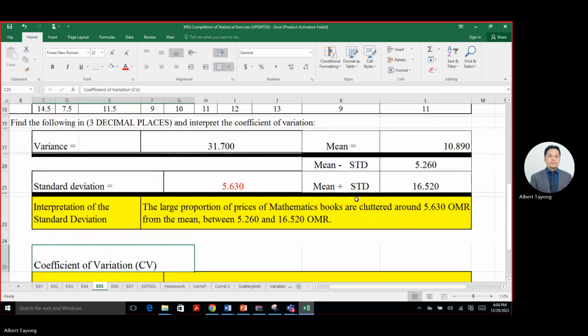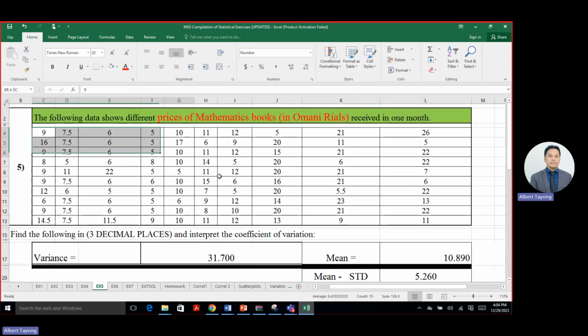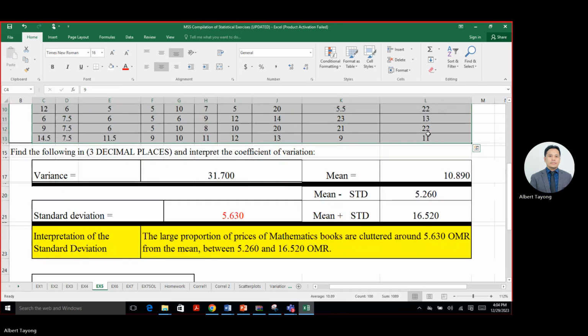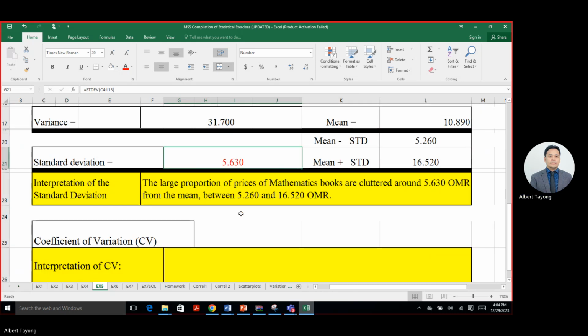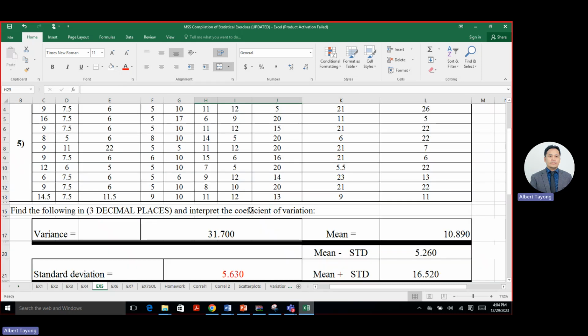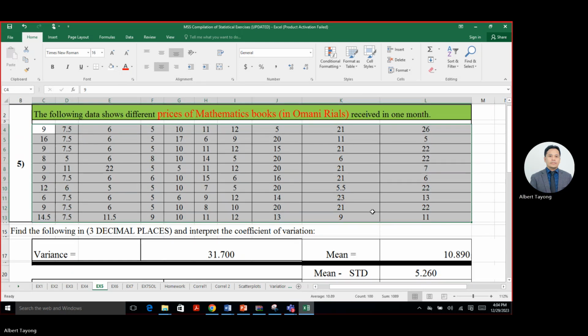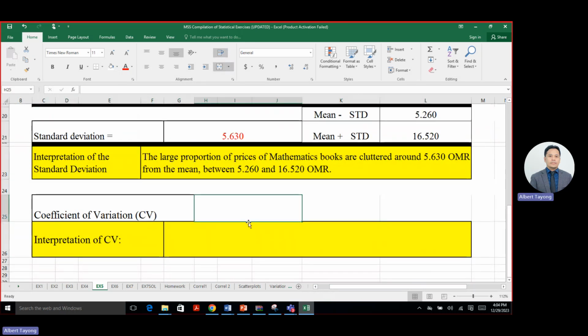In statistics, we cannot just rely on one value and conclude. For example, you cannot just rely on the mean and talk about the spread of the data, whether they are close to each other or far from each other. So we have to use the coefficient of variation to finally answer this question.